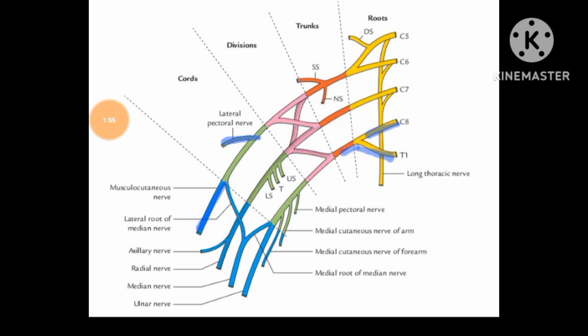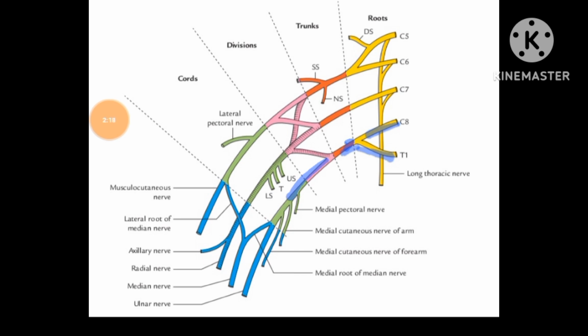Coming to the medial cord. There is one difference. Only for the ulnar nerve there is a difference. The medial cord is formed by the anterior division of the lower trunk. The lower trunk continues as the anterior division, which continues as the medial cord.